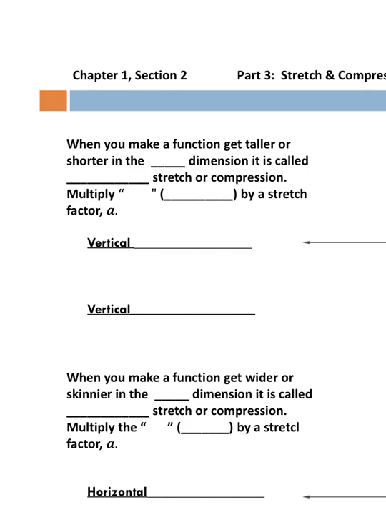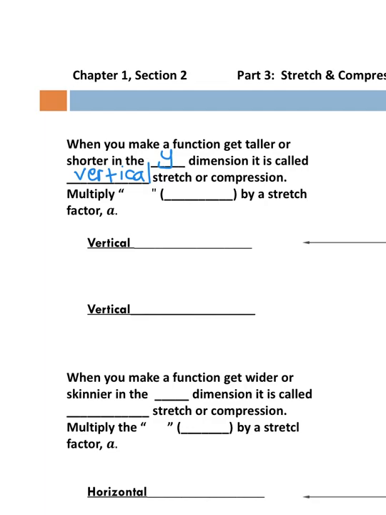The first thing we're going to talk about is the vertical dimension. When we take a function and we grab it and make it taller, we stretch it taller, or we push it down and make it shorter in the y dimension, we call that vertical stretch or vertical compression.